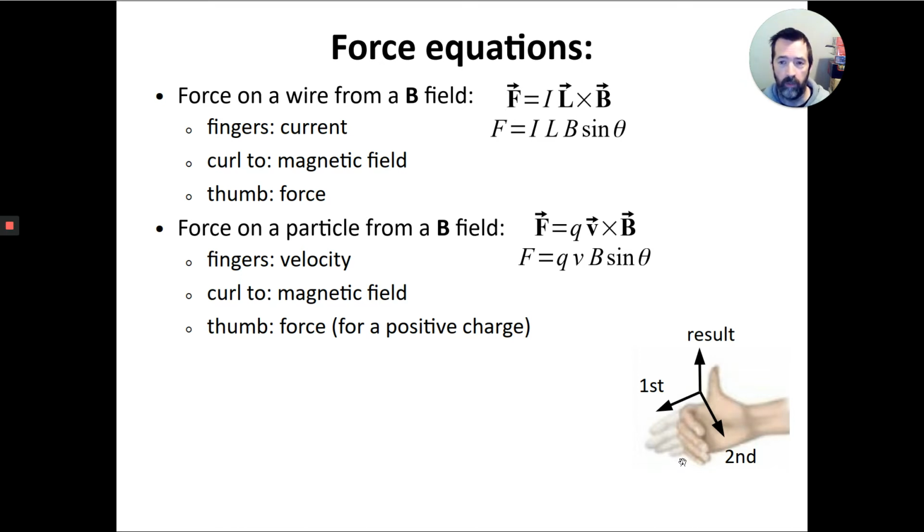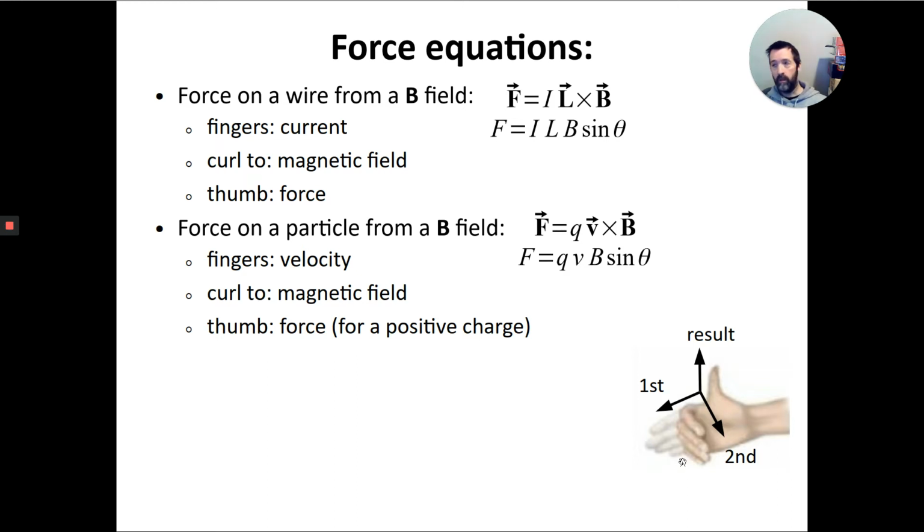If the angle between those vectors is less than 90 or more than 90, as they get closer and closer to lying on the same line, the force gets weaker and weaker. And if you think about it, if you were to put in a 0-degree angle or 180 degrees, in either of those cases, the sine function gives you 0, which means that if a particle is moving along the same line as the magnetic field, the force is 0.